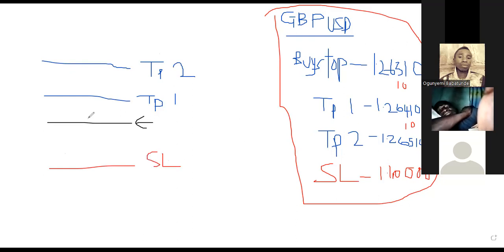According to this analysis I have here. Now remember that from the entry point to the TP1, if you are trading with a $500 account, 10 pips exactly is $5. If you are trading with a $500 account, from entry to TP2 will be 20 pips. So this 20 pips will probably be $10.